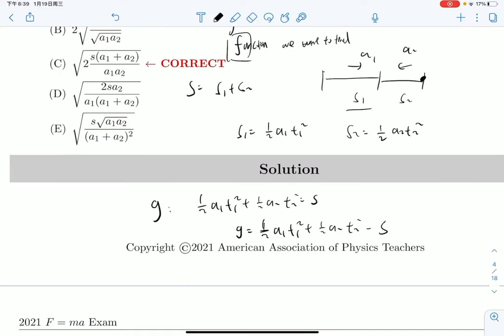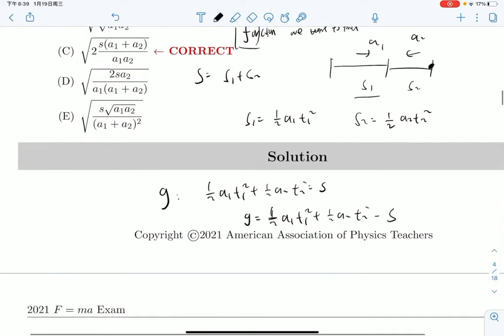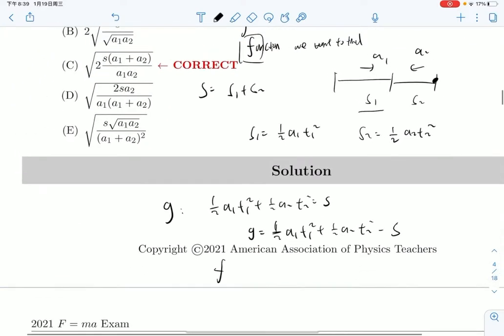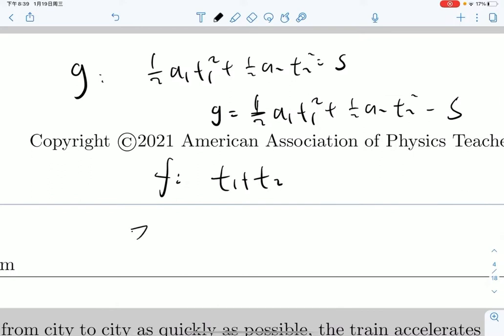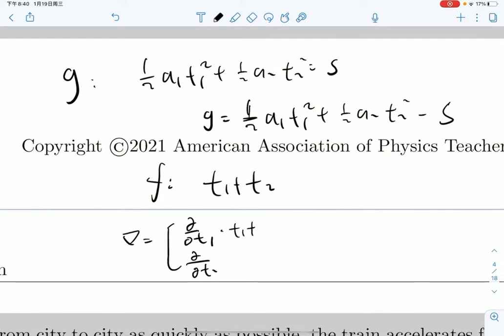And the total time, or f, is equal to t1 plus t2. So basically, the gradient is equal to the partial derivative with respect to t1 and partial t2 of f.